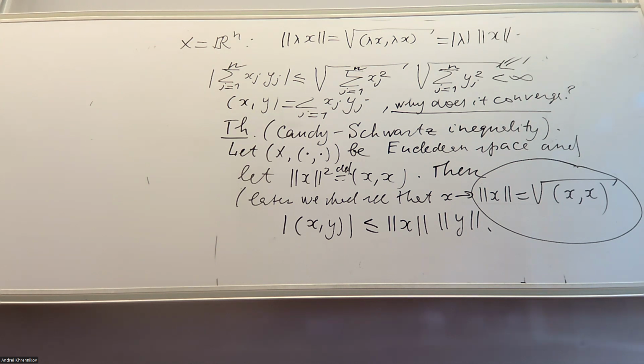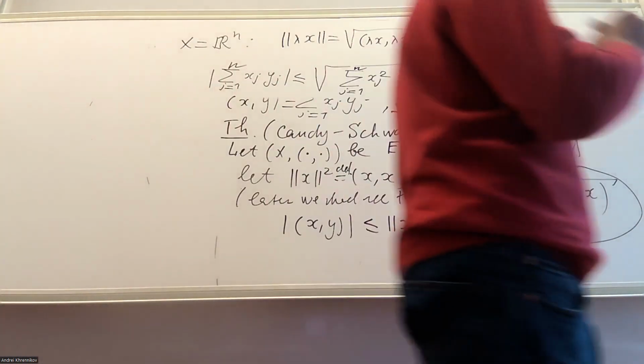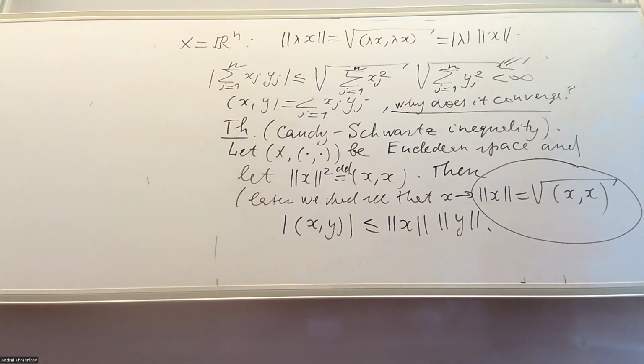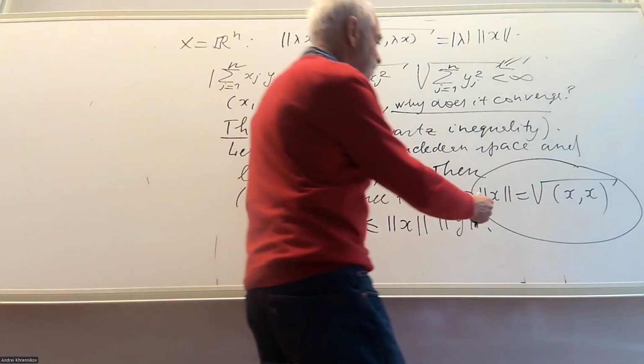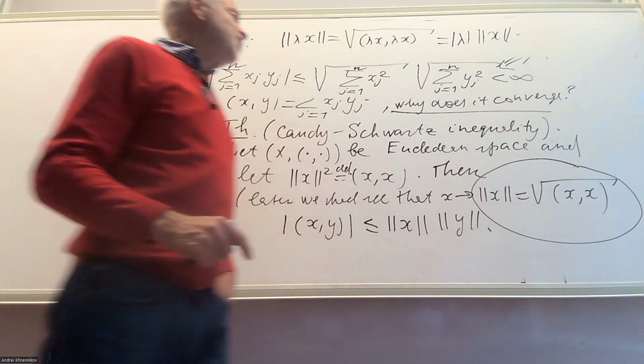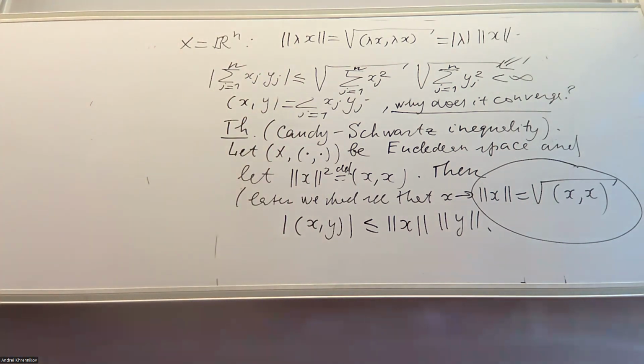The most difficult is, as always, the triangle inequality. The triangle inequality is the most important and the most difficult. So we should prove that the norm defined in this way satisfies the triangle inequality. Let us try to do this.